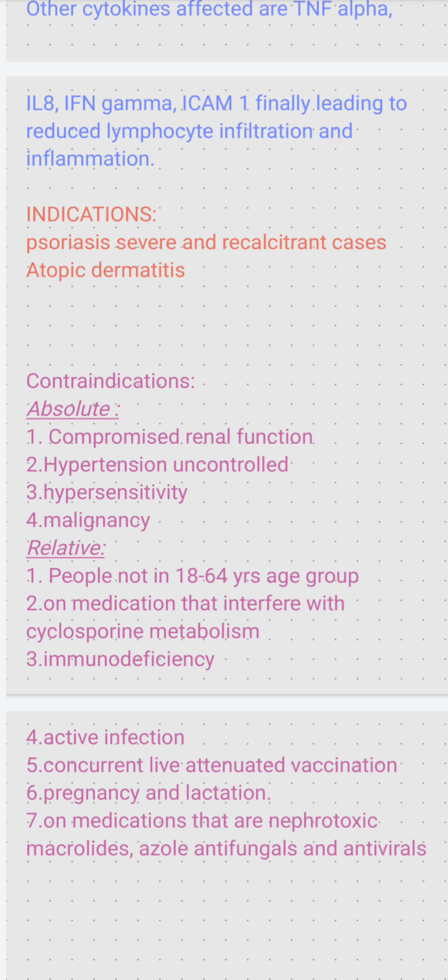Relative contraindications can be patients who are not in the age group of 18 to 64 years, that is patients who are less than 18 years or more than 64 years of age, patients who are on medications that can interfere with cyclosporine metabolism, essentially contributing to its toxicity, immunodeficient patients, patients who have active infection, who have taken concurrent live attenuated vaccination, or who are on other nephrotoxic medications such as macrolides or azole antifungals and antivirals, and pregnant and lactating patients.